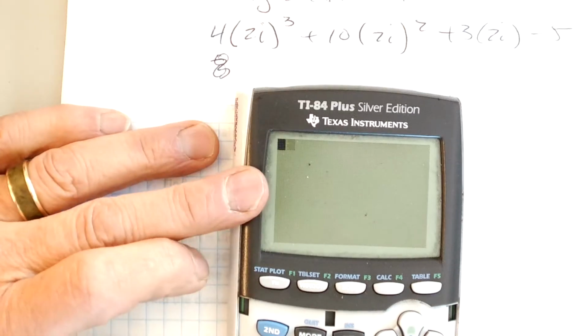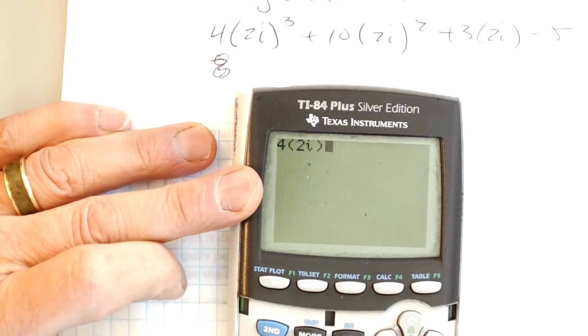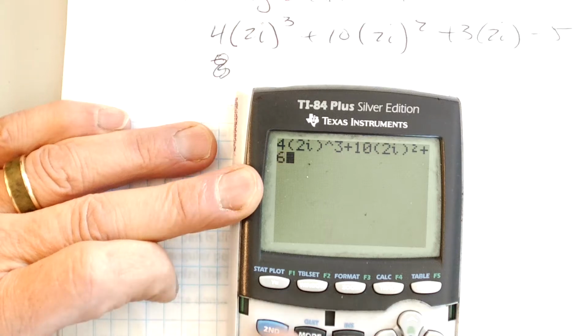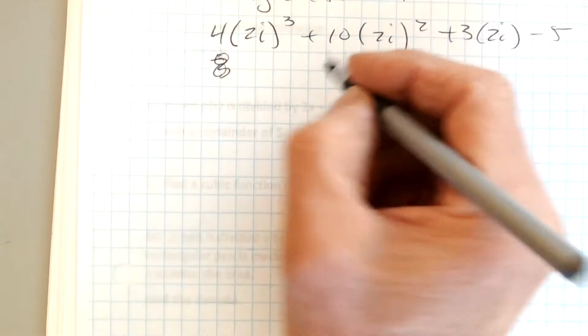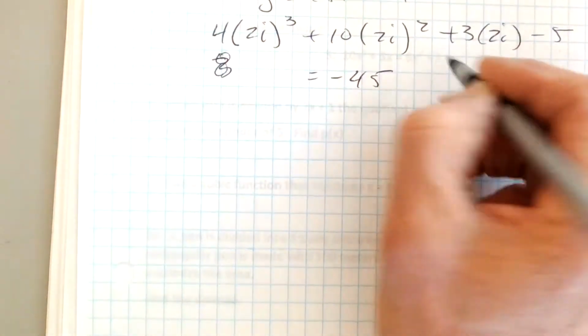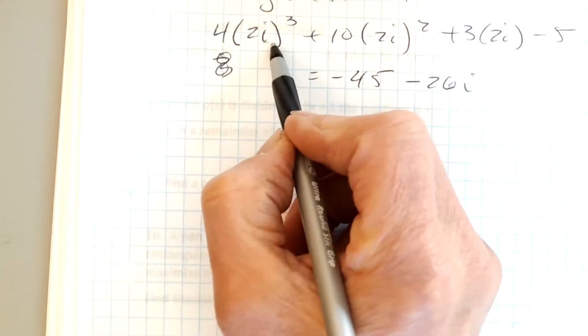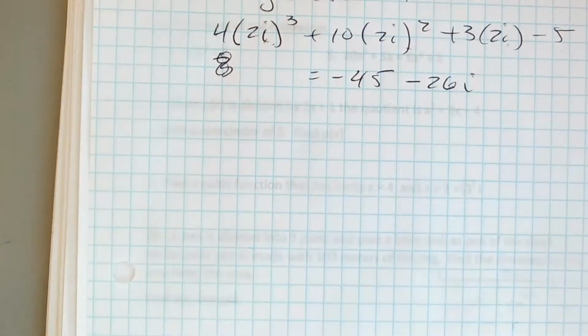I'm going to go 4 times my 2i cubed, plus 10 times my 2i squared plus 6i, right? 6i minus 5. I'm going to get an answer of negative 45 minus 26i. Of course, that's i cubed, which is a negative i. That's an i squared, is a negative 1. And then you will get that if you simplify it the other way, okay?